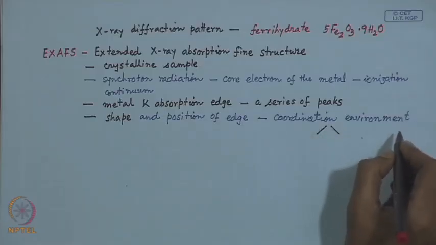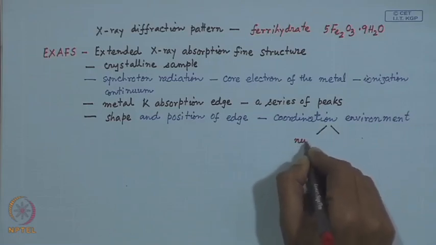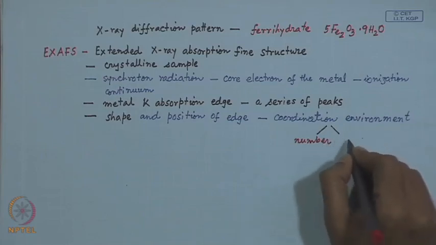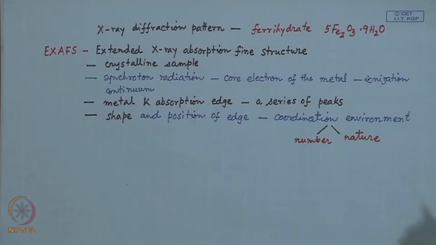So, it is a very simple technique, and there is no need to restrict the information to only the crystalline samples we get by determining the X-ray structures. For determining the coordination environment, you should have some information about the number and nature of the atoms, that means the donor atoms.